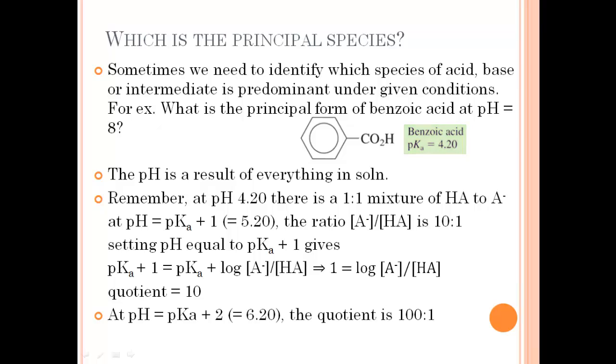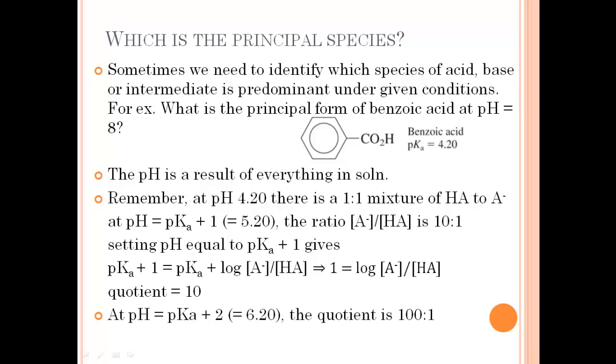Therefore, what does that mean? When the pH is 4.20, that means that there's a 1-to-1 mixture of the weak acid to the weak base conjugate. Because remember, at pH equals pKa, that means that the ratio of A minus to HA is 1.